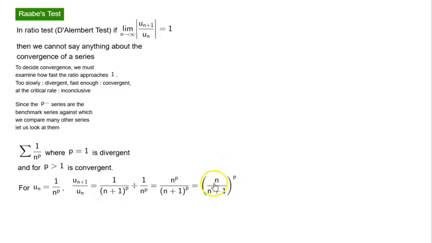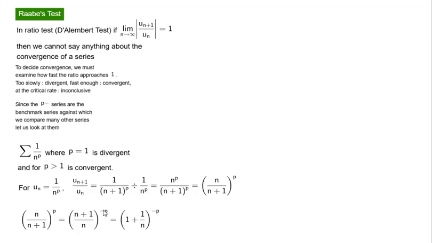Now, we want to get it in the form of 1 plus 1 by n. So how do we do that? We will write it as n plus 1 by n to the power of minus p. Here we are inverting the base, and we are also taking the negative of the exponent.